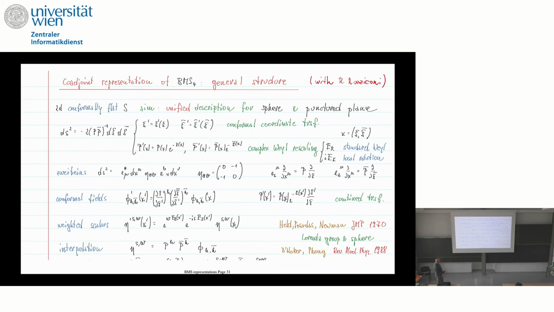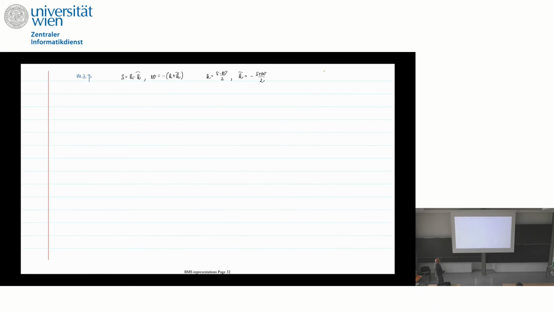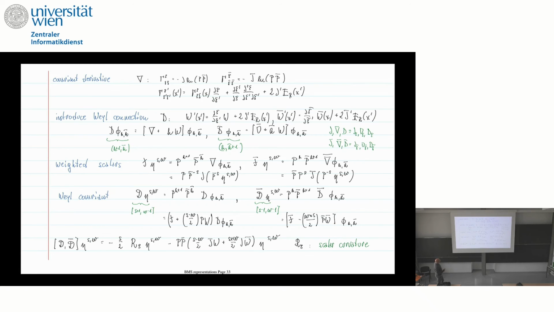It's just given by certain weights of P and P bar. Of course, then the covariant derivative on the sphere is really completely determined by this Weyl factor. And if you want to preserve the full structure, what you really should introduce is a Weyl covariant derivative.